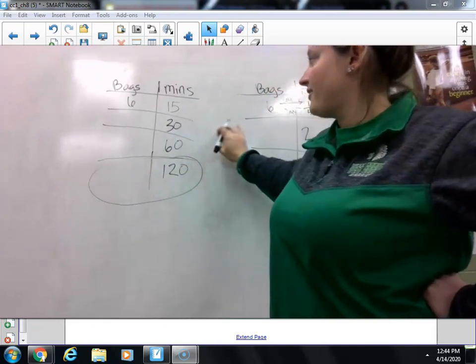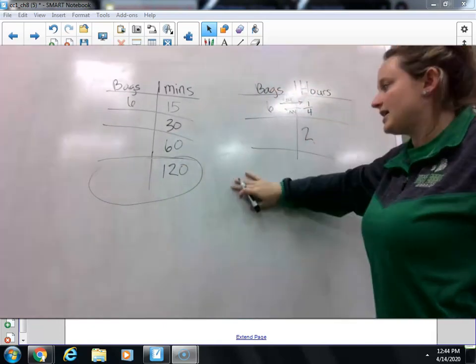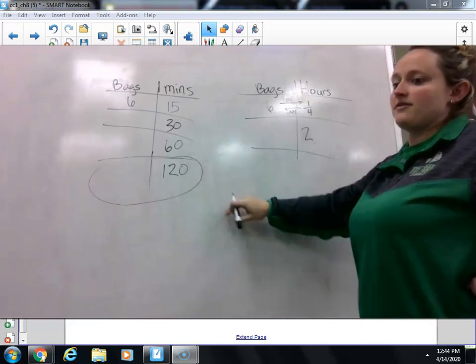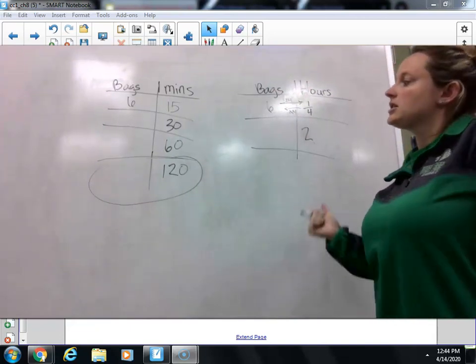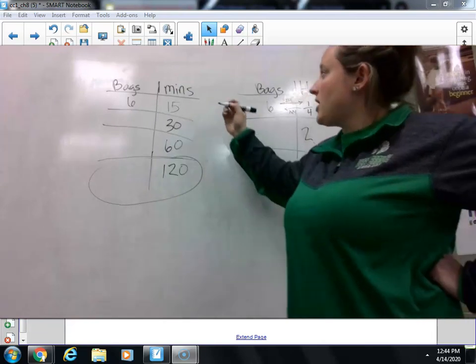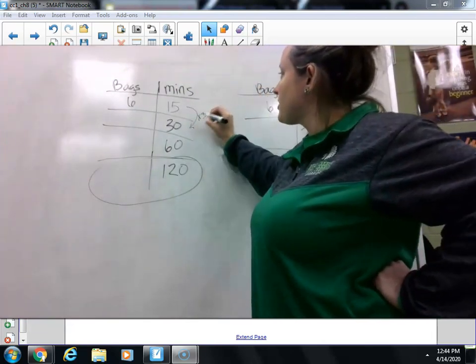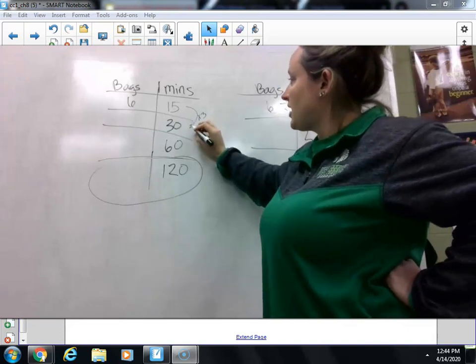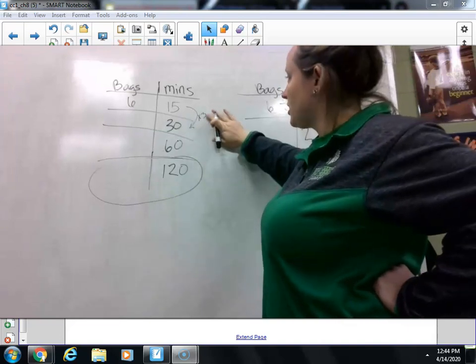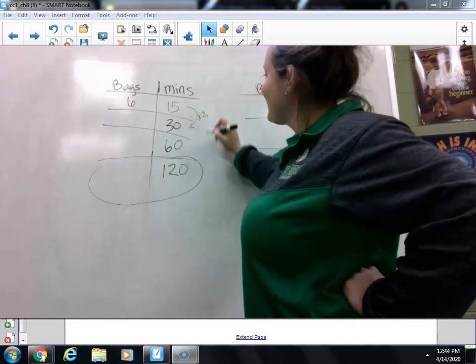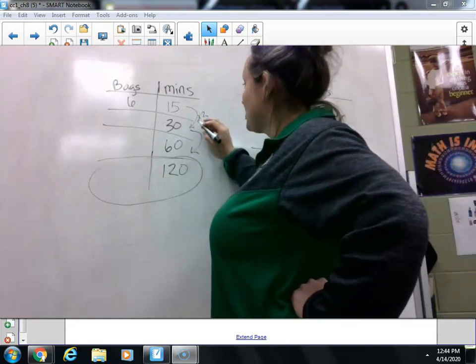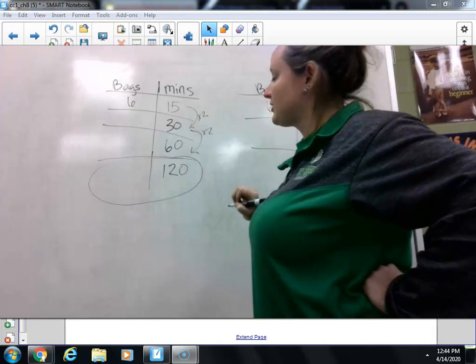So we went up by 15-minute intervals, but then we decided we can use some of the information we get throughout this to reach 120. How do you get from 15 to 30? Well, you multiply it by 2. How do you get from 30 to 60? Well, you take 30 times 2.